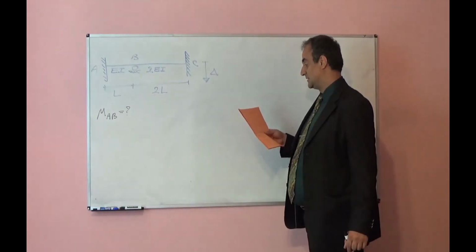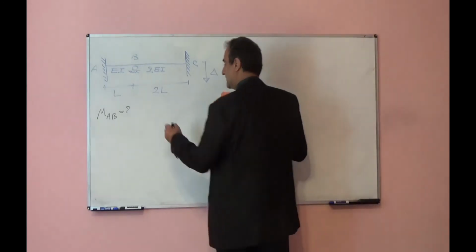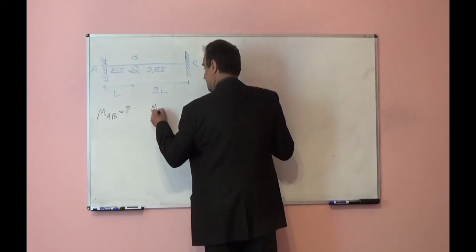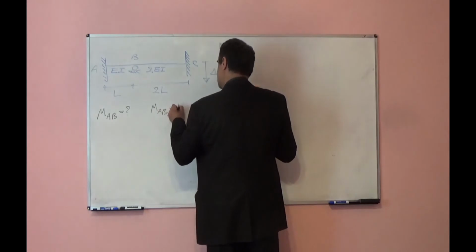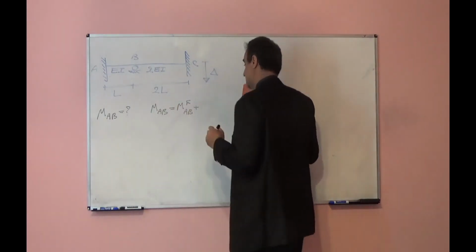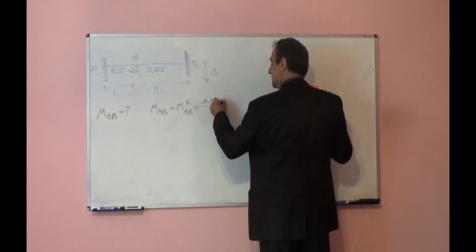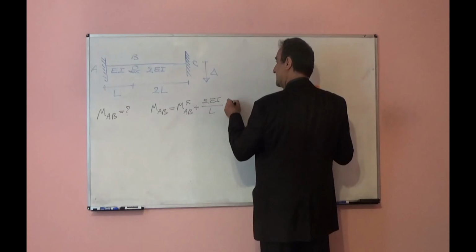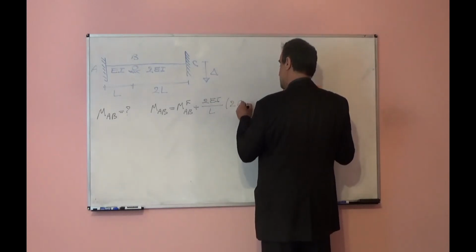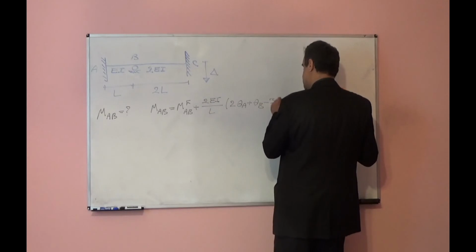Let's see what we can write here. Again, I can write M_AB is equal to M fixed AB plus 2EI over L, 2 theta A plus theta B minus 3 psi.